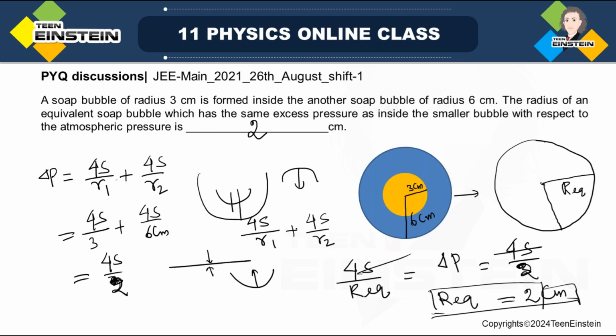Always there will be some excess pressure inside the concave surface. So pressure will be there due to the bigger one and due to the smaller one of its own. That's why these pressures will be added, and that excess pressure will be equal to the excess pressure of this equivalent one. That is what we have done here. I hope this is clear to you. Now we'll move on to the next problem.